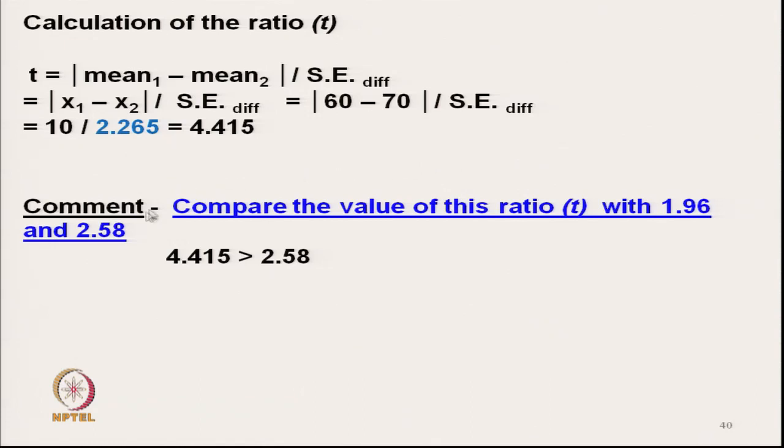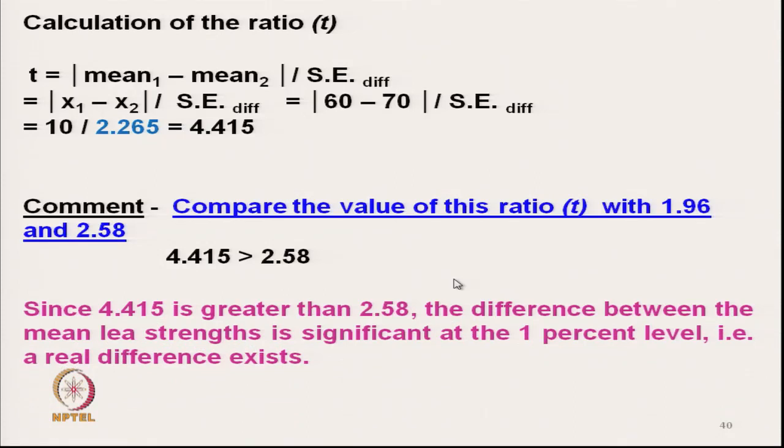Okay. The T value is very high, so what will be our conclusion? Our conclusion would be that a real difference exists, since 4.415 is greater than 2.58, the difference between the mean lea strength is significant at 1% level, that is, a real difference exists.